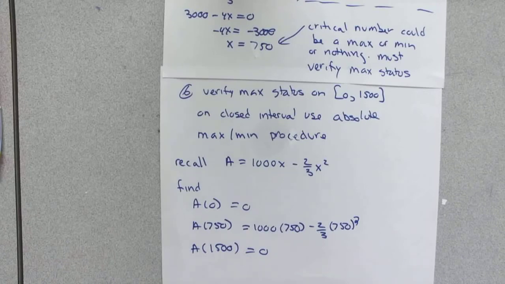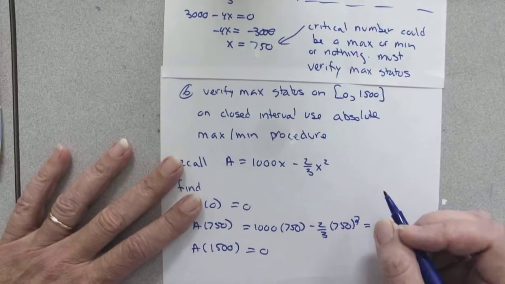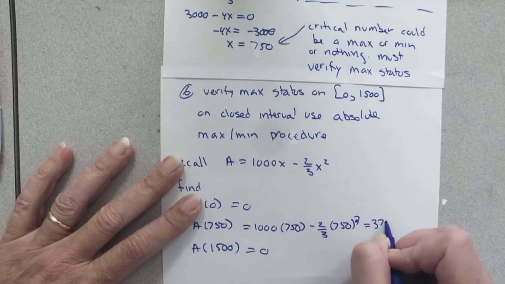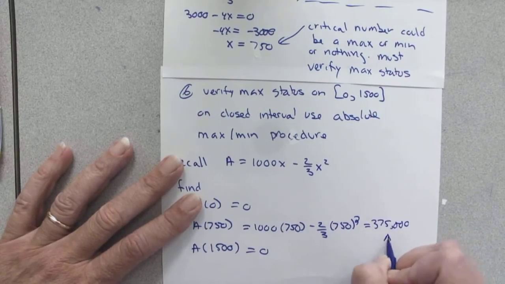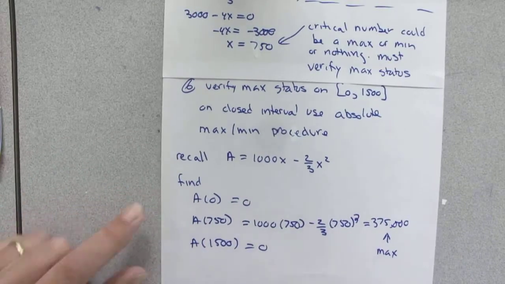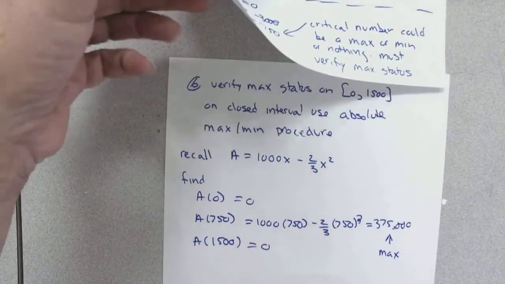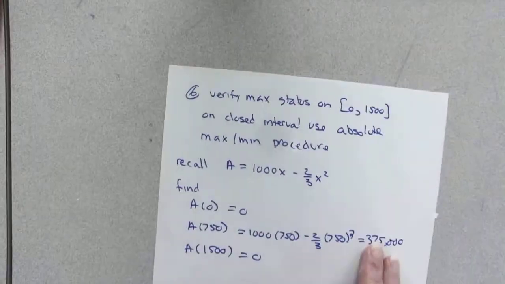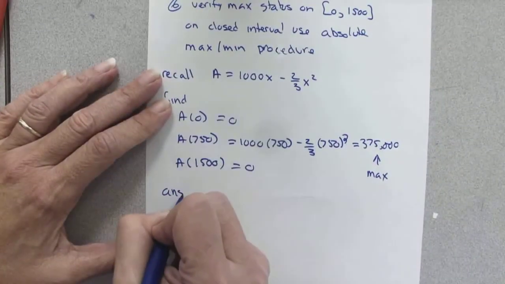Yep, that looks right. You get 375,000. That clearly is the maximum. You got 0, 0, and 375,000. That clearly is the maximum. So then answer the question.